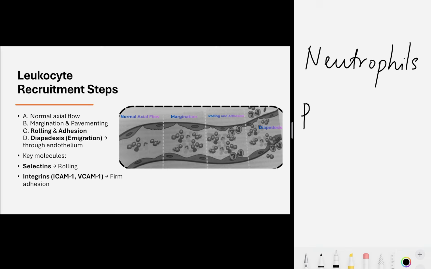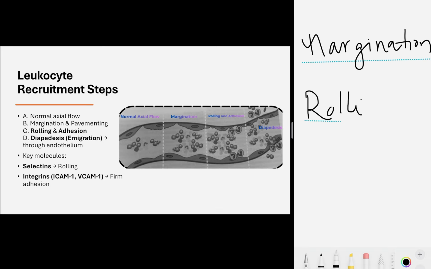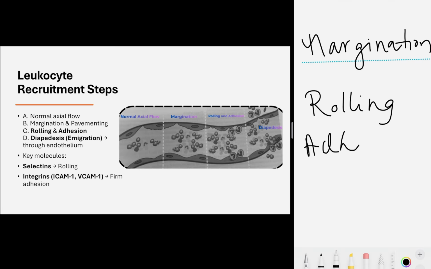Leukocyte recruitment occurs in a stepwise manner. Margination begins as blood flow slows and cells move toward the vessel wall. This is followed by rolling, mediated by weak interactions through selectins. Next, firm adhesion occurs, primarily via integrins binding to ICAM-1, intercellular adhesion molecule 1, and VCAM-1, vascular cell adhesion molecule 1, on endothelial cells.